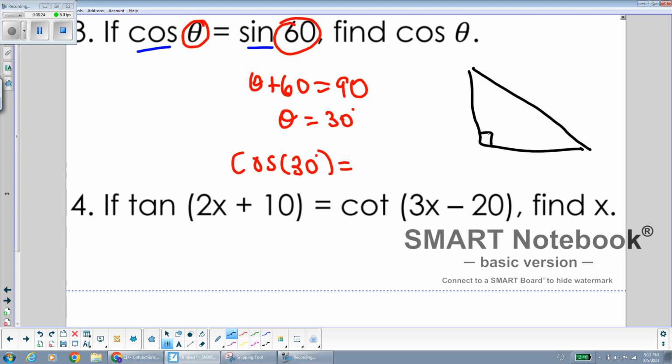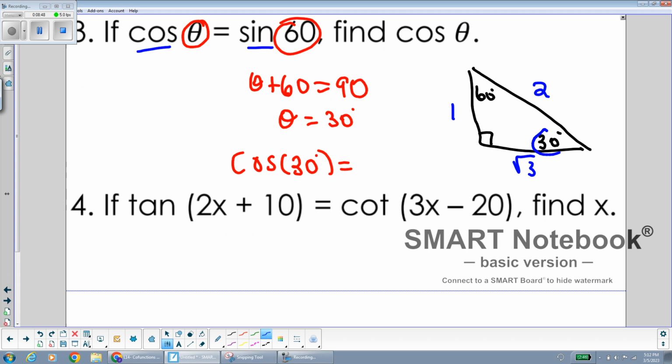I know a right triangle that has a 30-degree angle. And that's our special right triangle, the 30, 60, 90 triangle. And remember that 30, 60, 90 triangles have sides that are in the ratio 1 to radical 3 to 2.